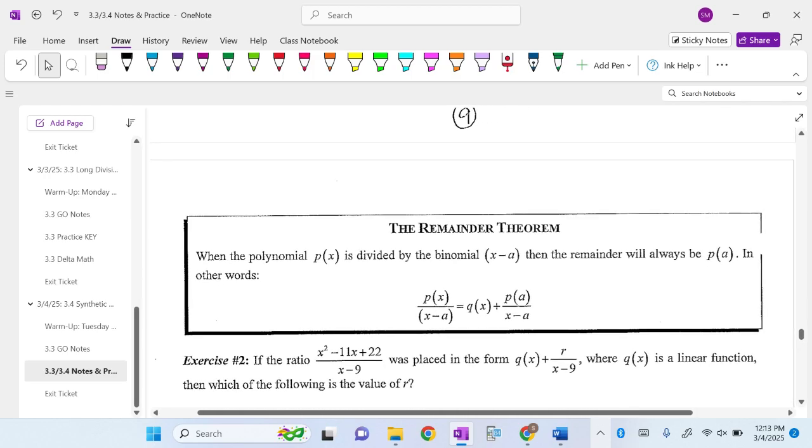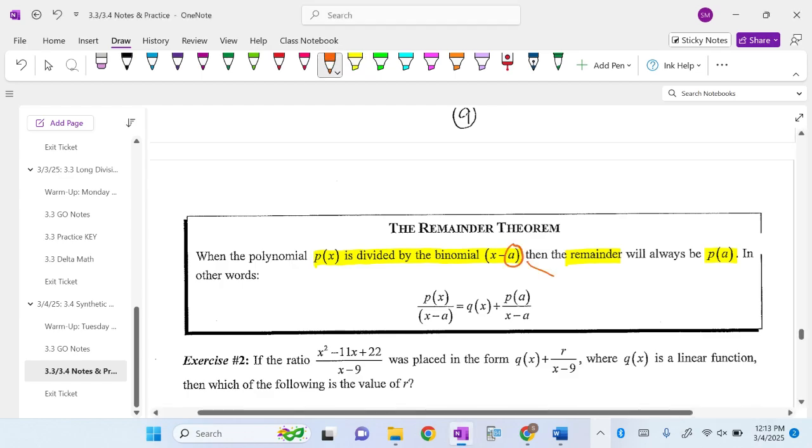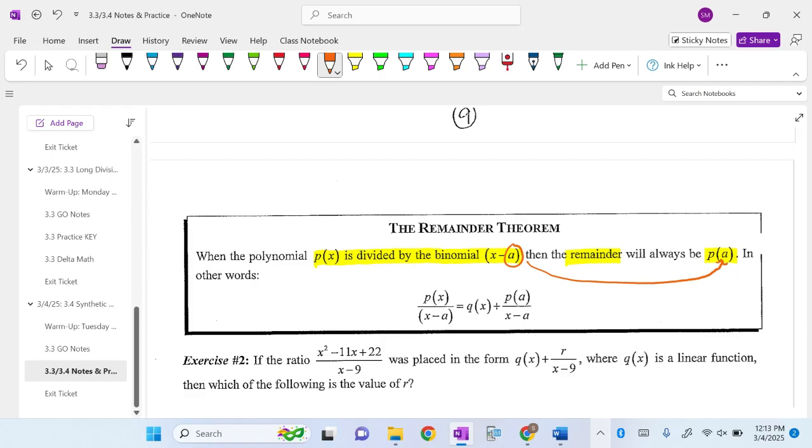So in formal words, when a polynomial p of x is divided by a binomial x minus a, the remainder will always be p of a. So in other words, if you took whatever value was here, or when you solve for x, and evaluate the original function at a, you should get whatever your remainder is.